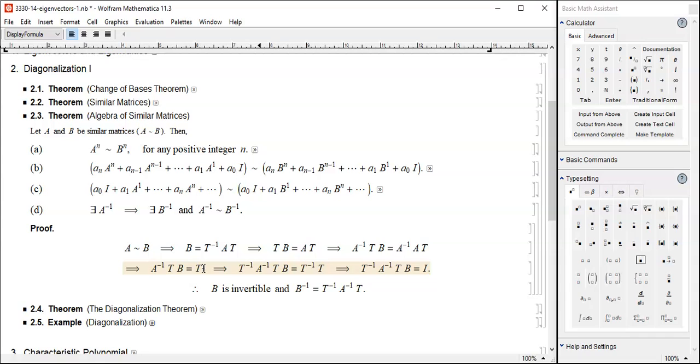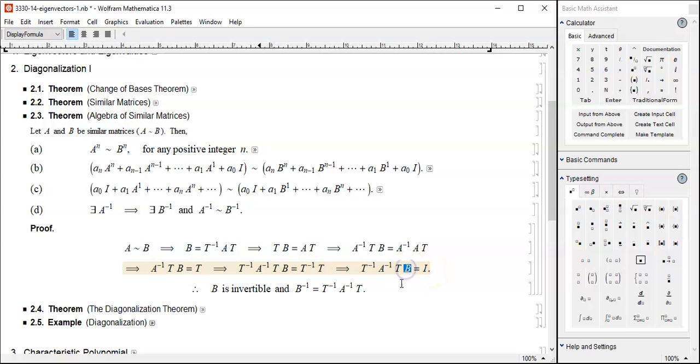I'm almost there. Almost there. And then take this. Yeah, I could have taken B inverse to the other side here, but I decided to move T over here first. Okay, let's do it that way. Take the T inverse over here, and then we get the identity matrix.